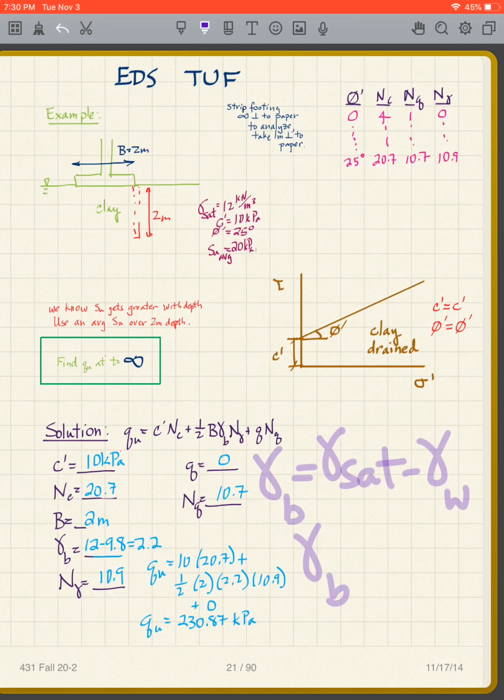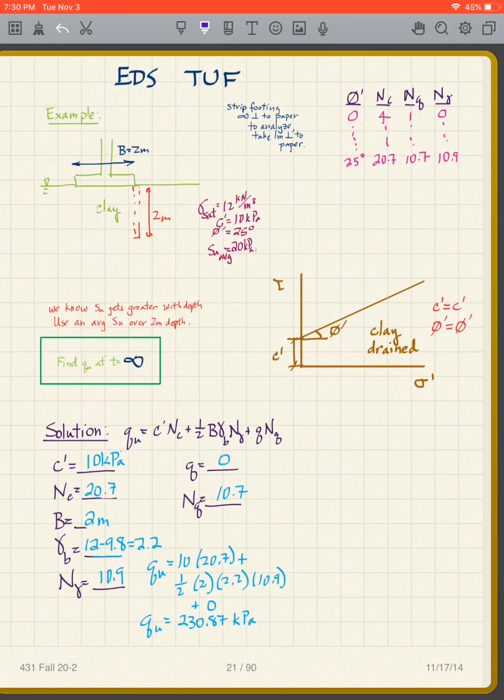And we know that gamma B is also sometimes called gamma prime. So we have, as a result, gamma saturated is 12, gamma W is 9.8, we get 2.2 for my gamma B. And gamma we already got.